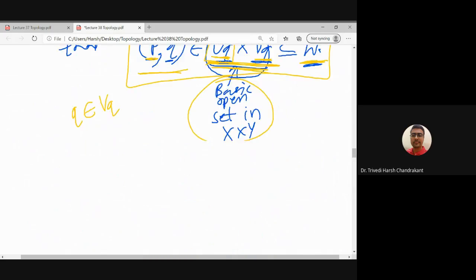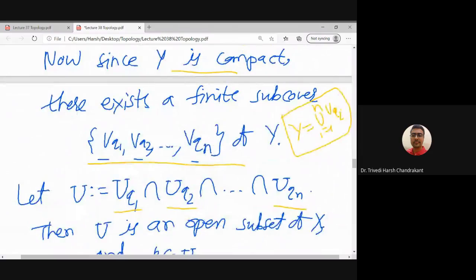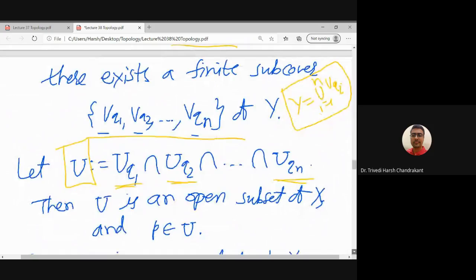Those Uq's are open subsets of X, and I am taking the intersection of these sets, which I am calling the set U. Since each of these sets is an open subset of X, the intersection U is also an open subset of X, and it contains the point p.